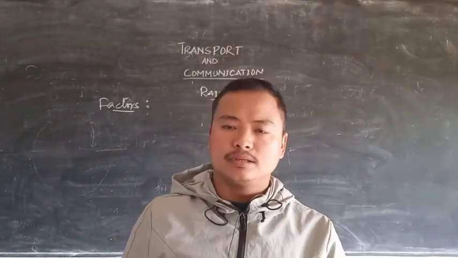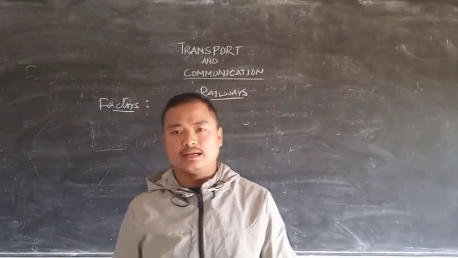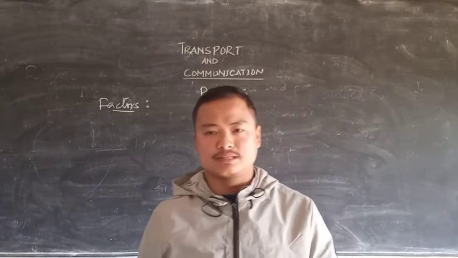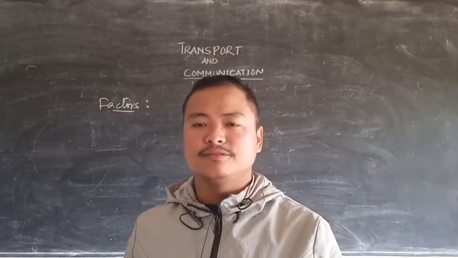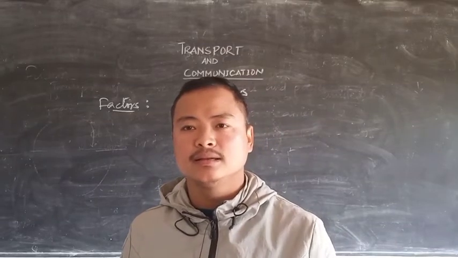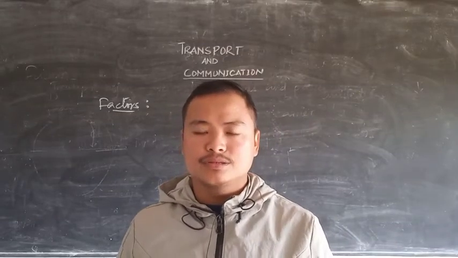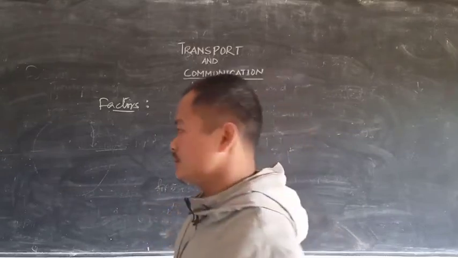Now, the railway system that is prevalent in India has certain factors for laying its track. For railways to run across, there are certain factors that determine their setup. The first factor to be discussed is the geographical factor.